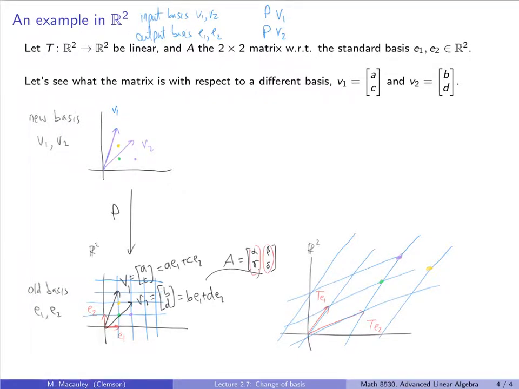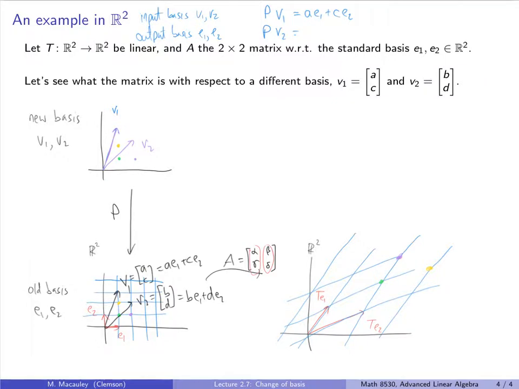So up here, P applied to V1, in our standard basis, we can write as A E1 plus C E2, and P applied to V2 gets sent to B E1 plus D E2. So this is just the identity map, but it's with respect to a different input and output basis.